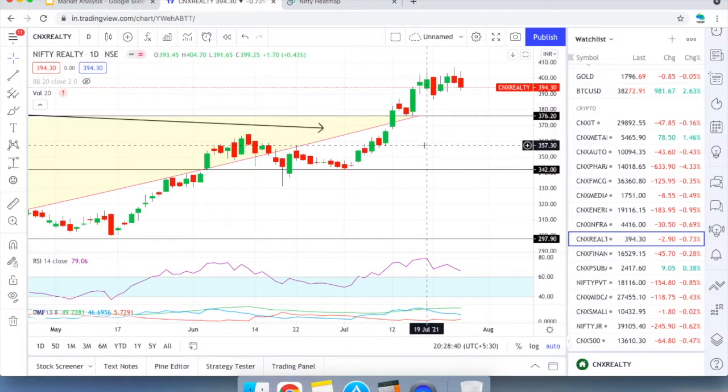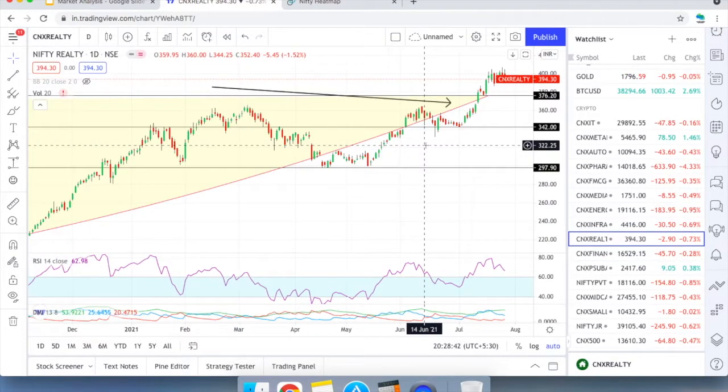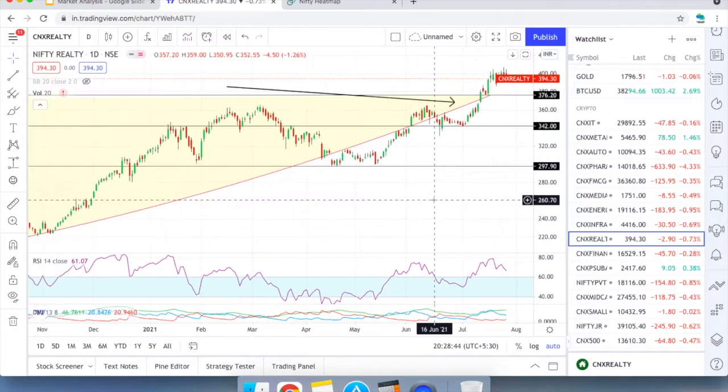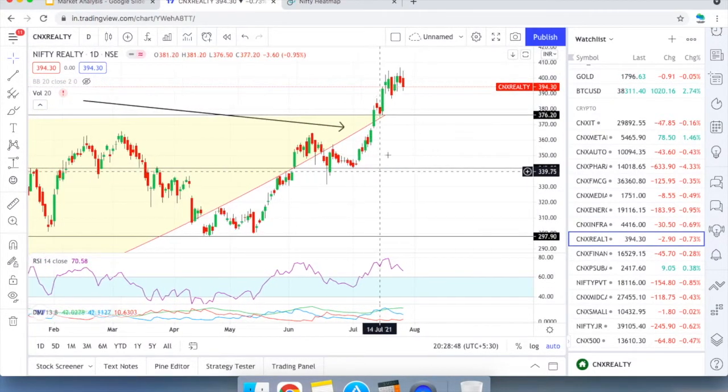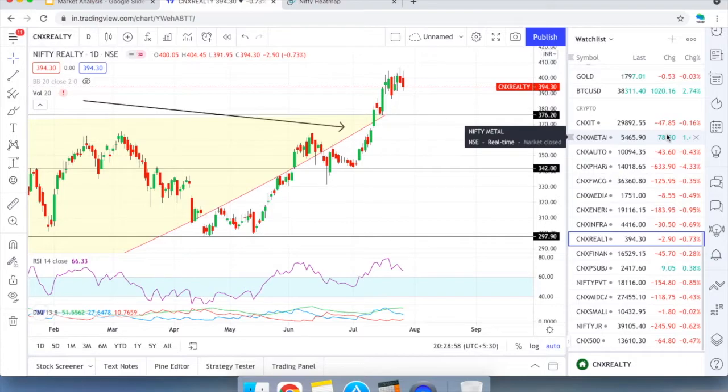Realty also is a big rounding pattern that probably might have broken out on a weekly time frame, and it seems to be consolidating after the breakout, right? That's what realty is all about. So that's a wrap up. IT, metal, and FMCG are kind of bullish, and auto and pharma have turned bearish.